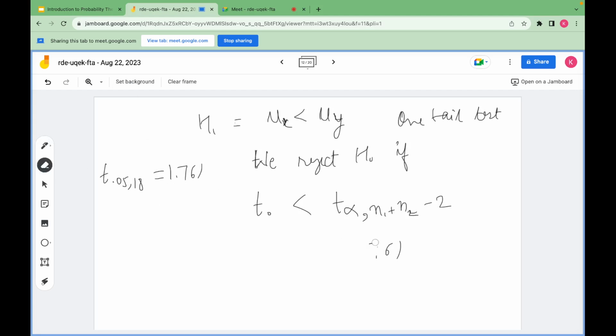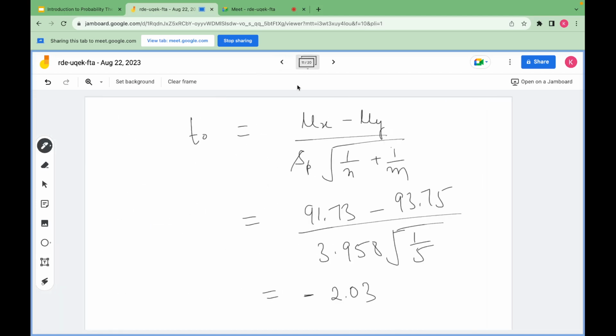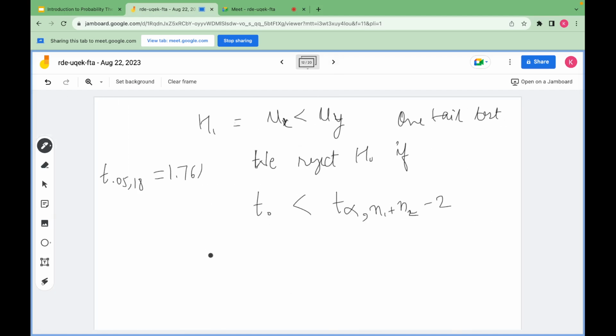So T 0.05 comma 18 is 1.761, and our T naught came out to be minus 2.03. So this T naught is less than minus T 0.05 comma 18.